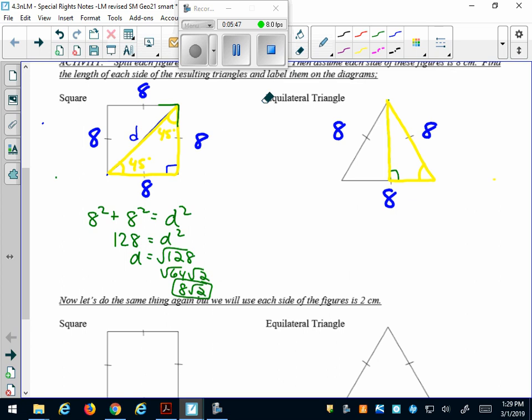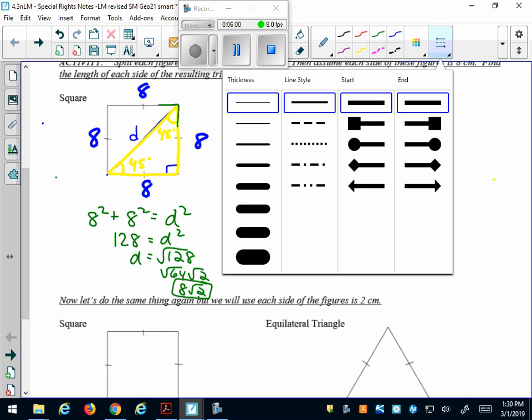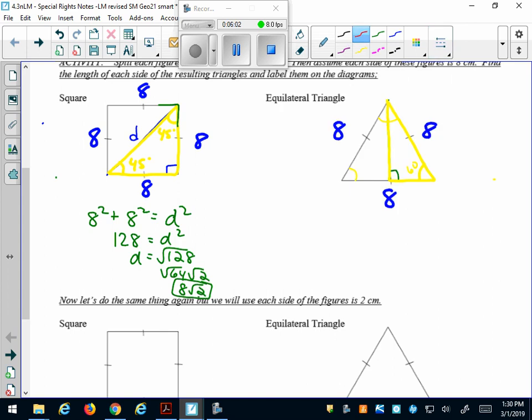Because in the equilateral triangle that we started with, each angle was 60 degrees. So this is 60 degrees right here. Now, in our half of the equilateral triangle, or the right triangle that we've got right here, how many degrees is this angle? 30. So here is our other special right triangle, a 30, 60, 90 triangle.